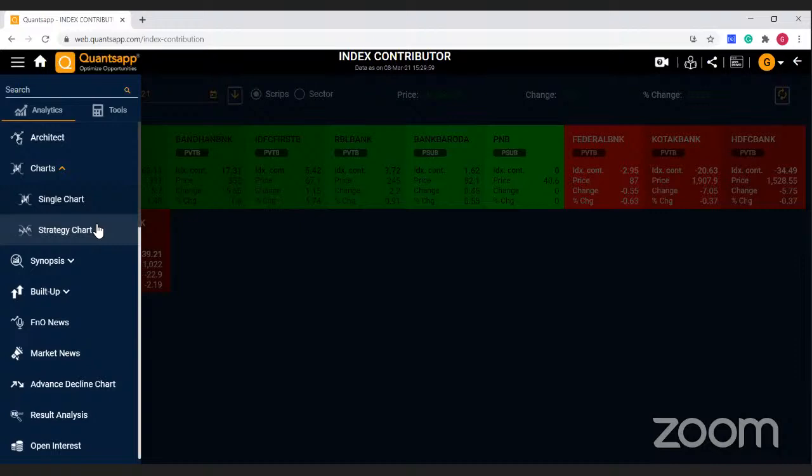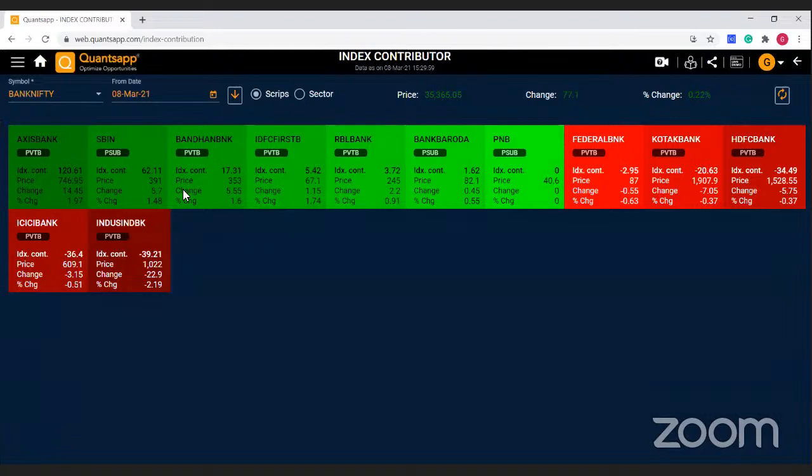Where we have the manager tool, in the manager you can save, and there you can also add strategies to watch a particular single leg options as well.